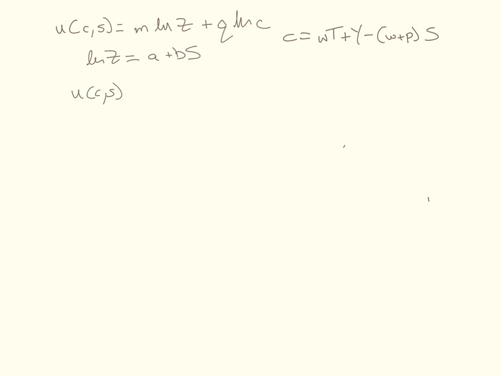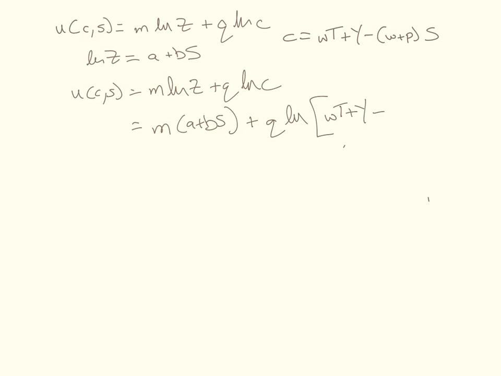U of C,S is equal to M times the log of Z plus Q ln C, which means M times (A plus BS), that's plugging in our returns to education, plus Q times the log, I'll use a bracket, WT plus Y minus (W plus P) times S. Now I'm going to maximize all of this by choosing S. It's the only choice variable I have left, having plugged in all of my constraints.